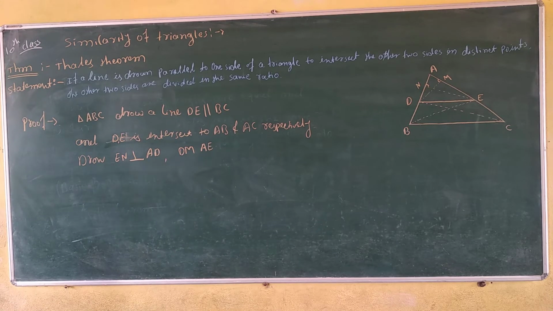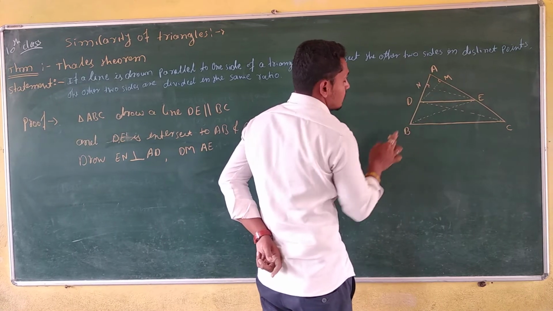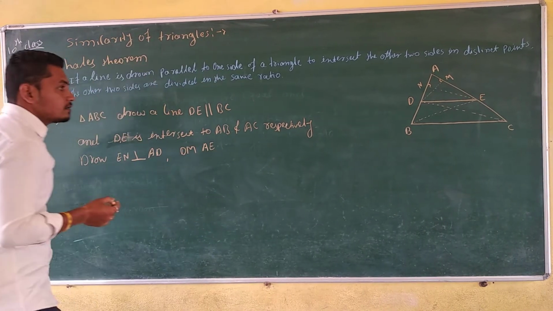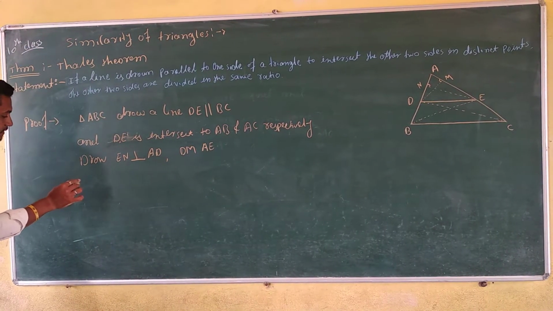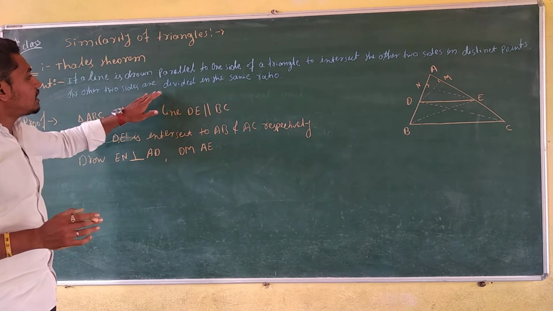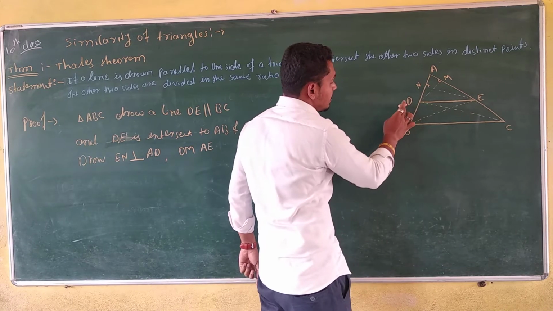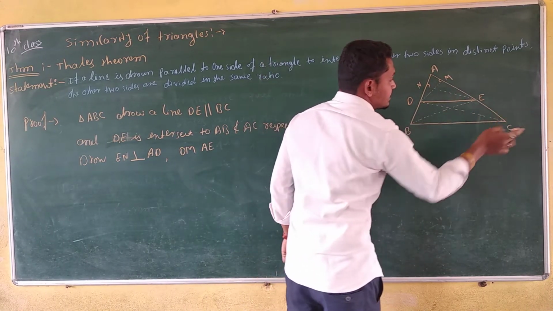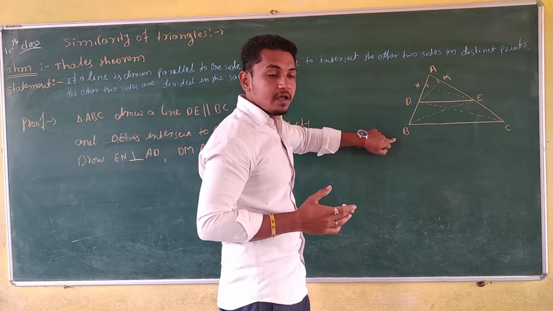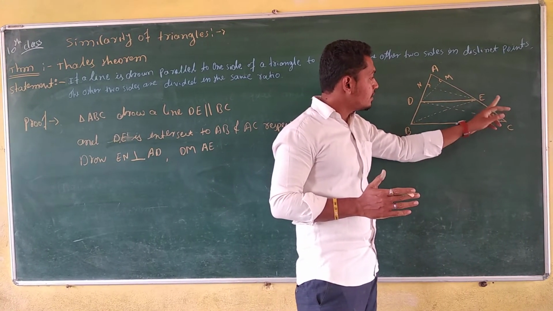Next, see here. Now first we have to discuss what we have to do here. In that triangle, the other two sides are divided in the same ratio. Other two sides means AD and DB, AE and EC. Which means AD divided by DB is exactly equal to AE divided by EC.